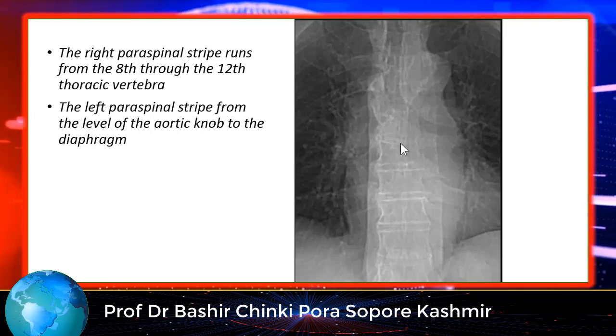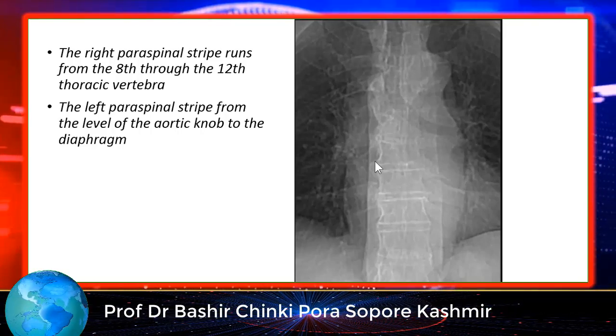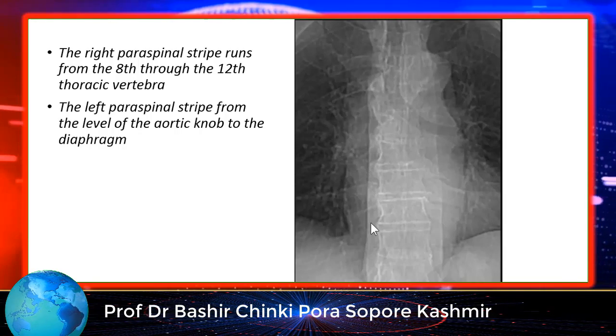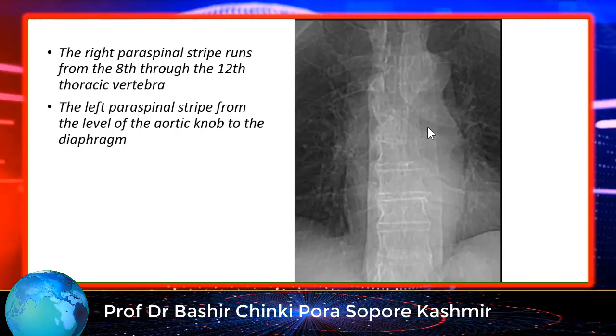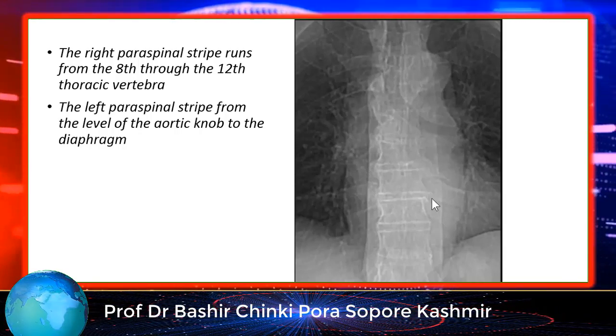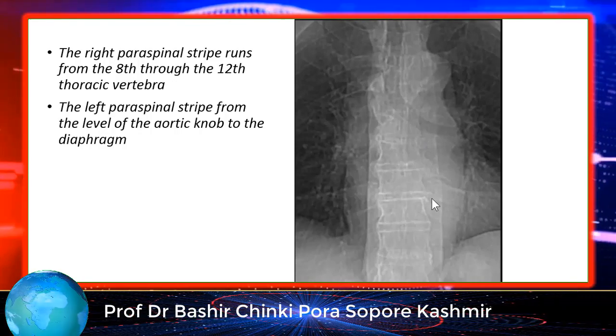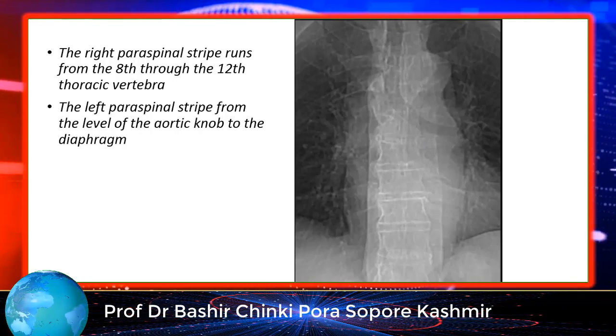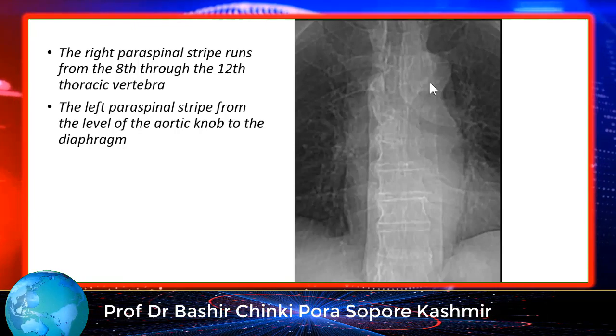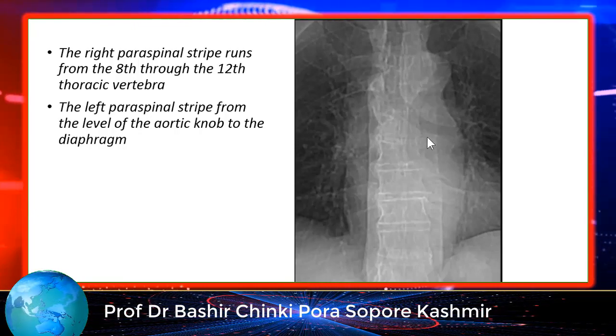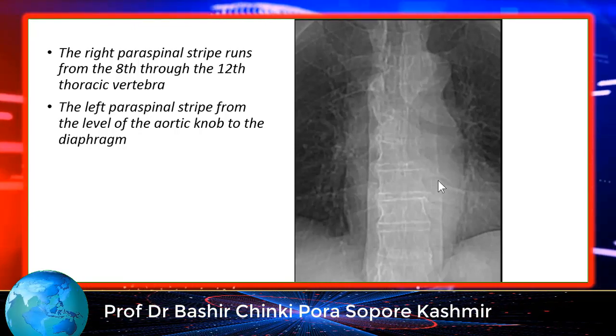So on both sides of the vertebral column, you see the right paravertebral strip and the left paravertebral strip.